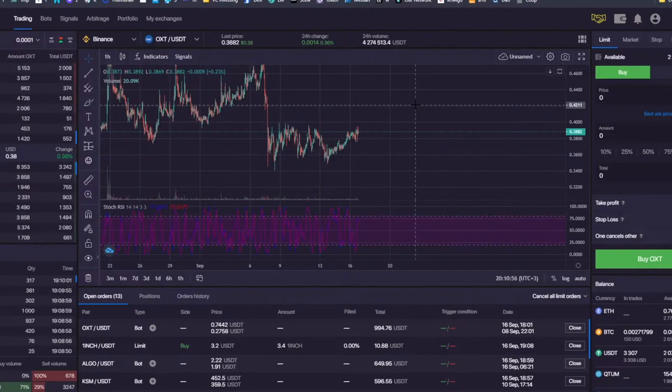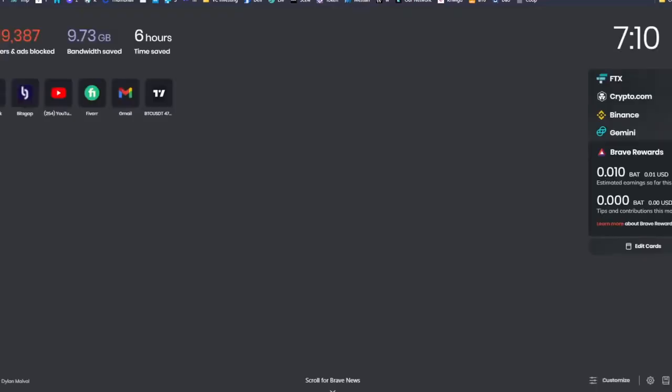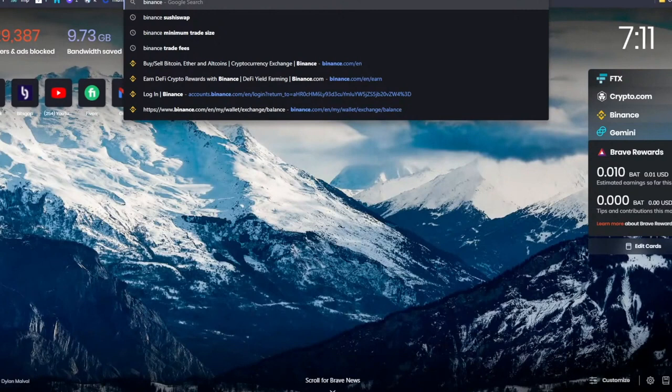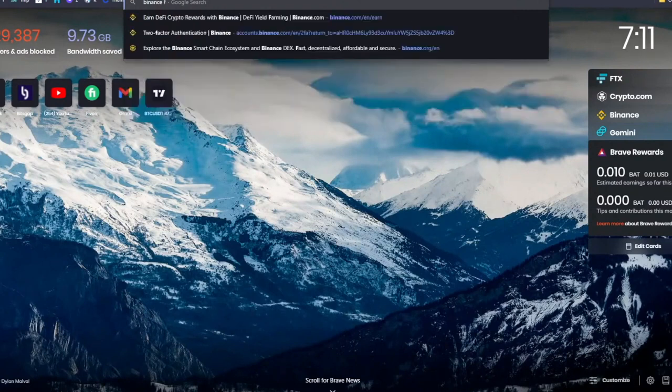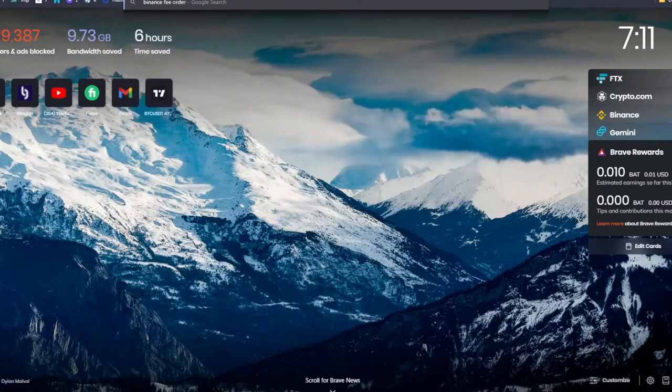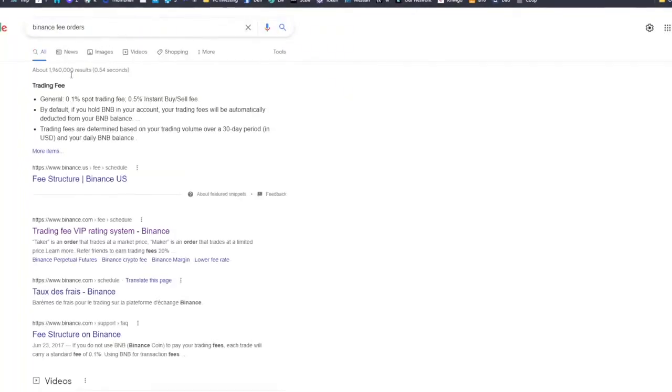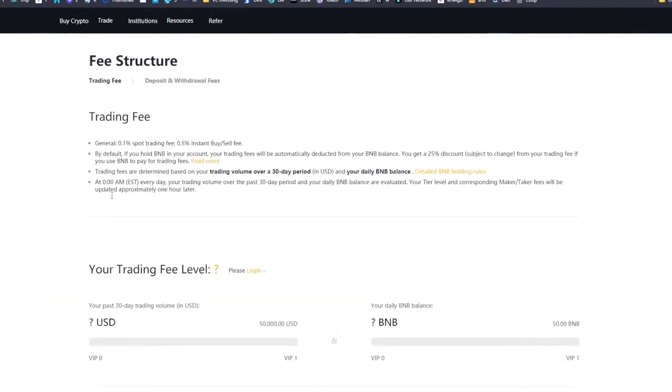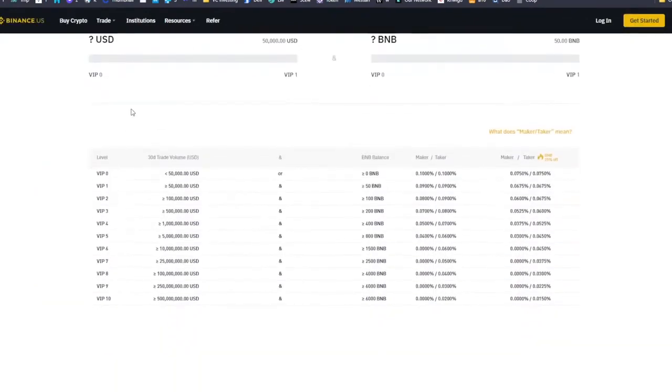So for example, you can go on Binance and check the fee, and you will see that for the market buy or sell orders, you're gonna pay a larger fee.